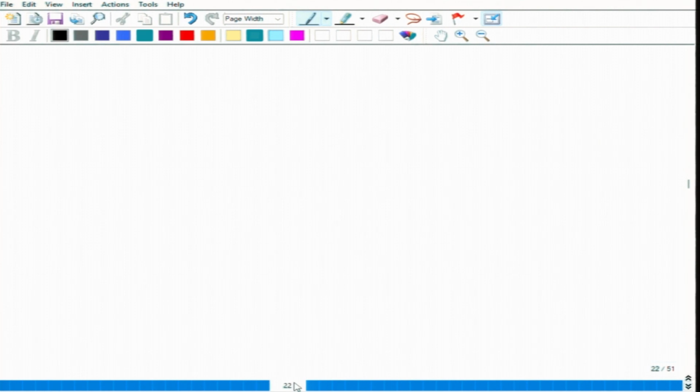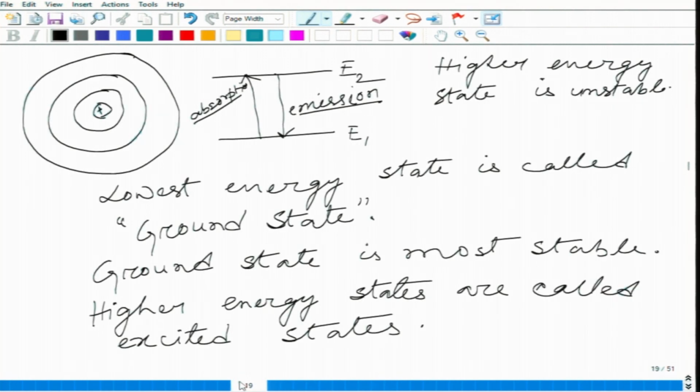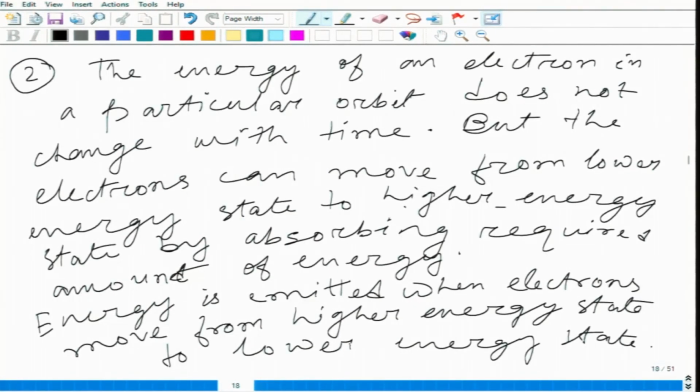Now, the next statement that we had discussed about was this transition of electrons to higher energy state by absorption of energy, and then the transition from higher energy state to lower energy state by emission of energy. So, how this can be written?